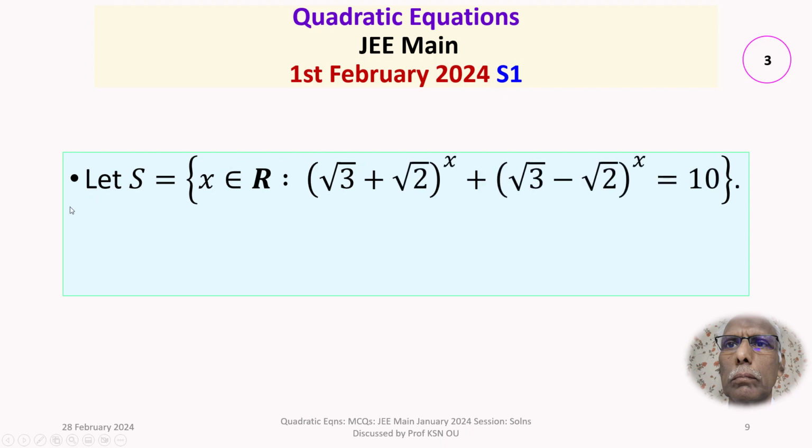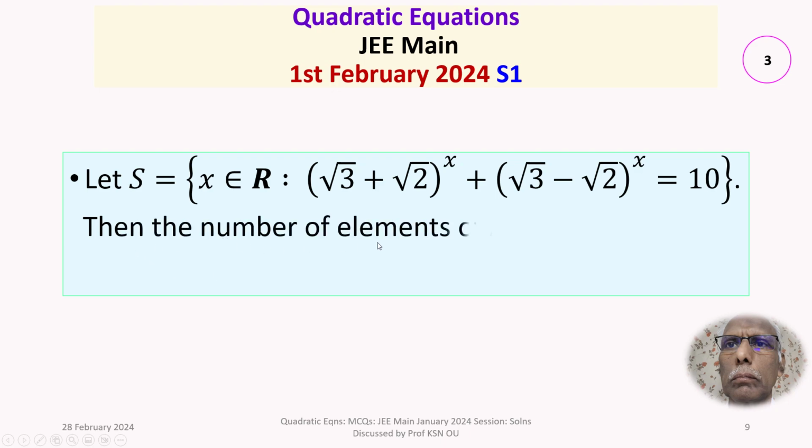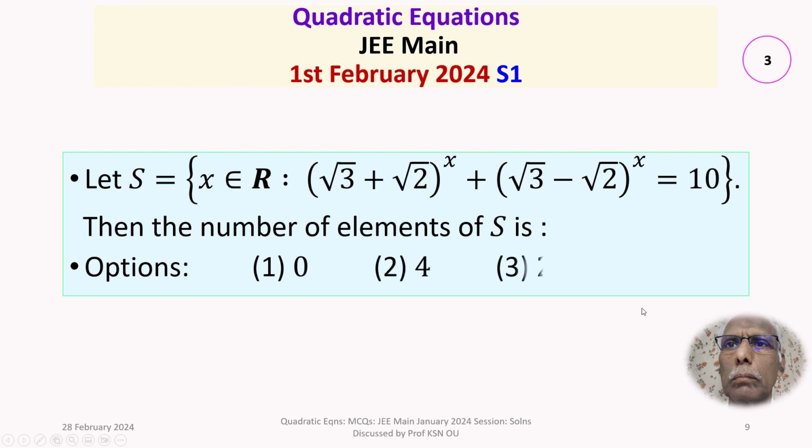The given question is, let S be the set of all those x belongs to R such that root 3 plus root 2 whole to the power of x plus root 3 minus root 2 whole to the power of x is equal to 10. Then the number of elements of S is, and 4 options are given to us.